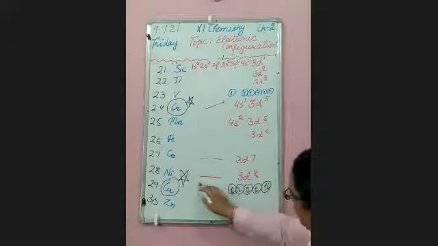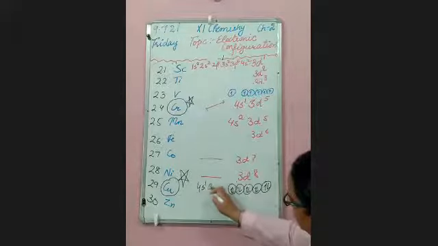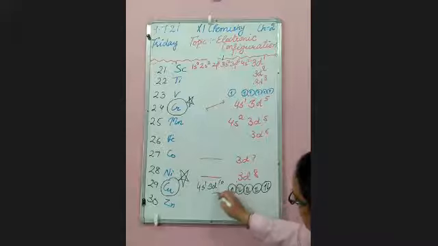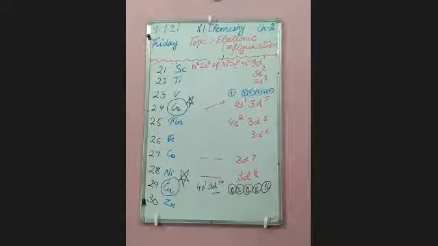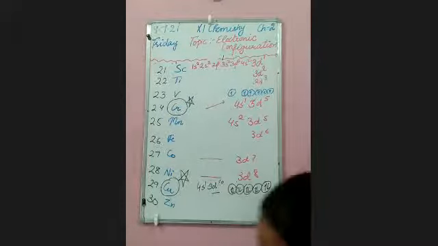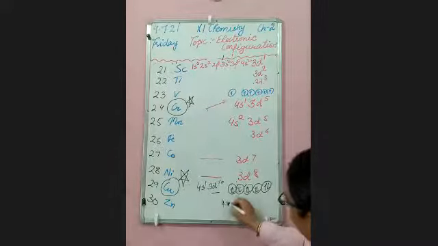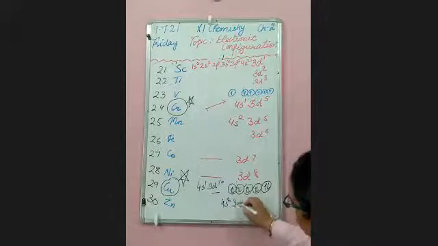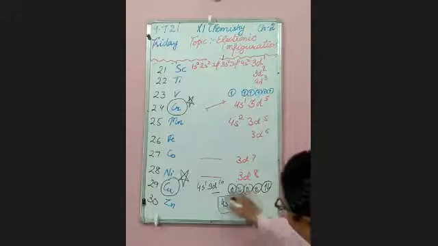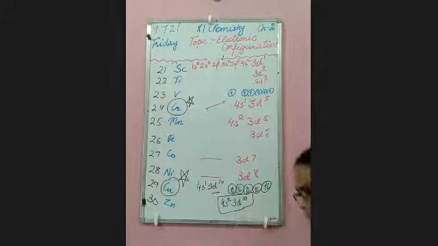It is 4s1 and 3d10. So remember, half-filled and fully filled configurations are more stable. After that, zinc will be 4s2, 3d10. So there are two exceptions up to 30 elements, copper and chromium.